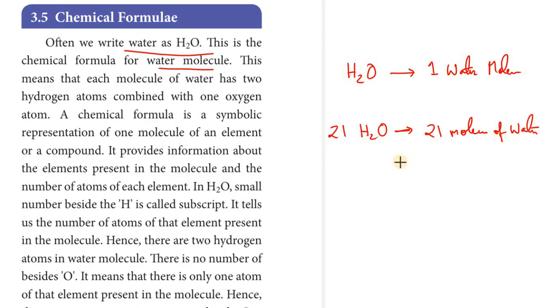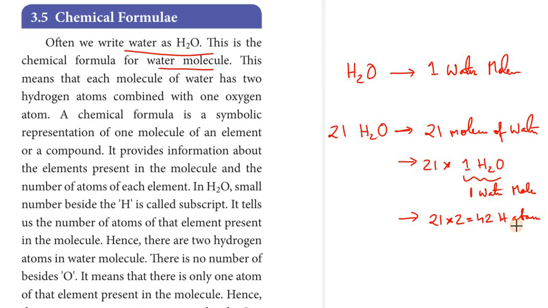So basically this means 21 into 1 H2O. Since one water molecule is 1 H2O, this is just one water molecule. Also in 21 H2O, how many atoms does it have? It has 21 into 2, which is equal to 42 hydrogen atoms, right?